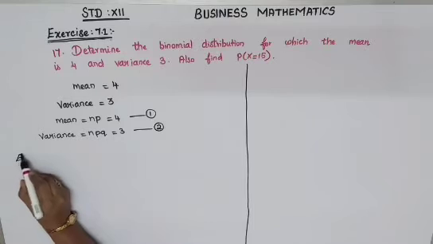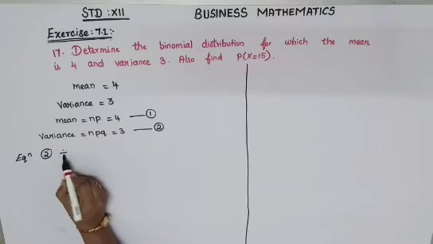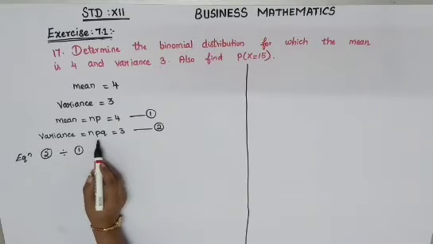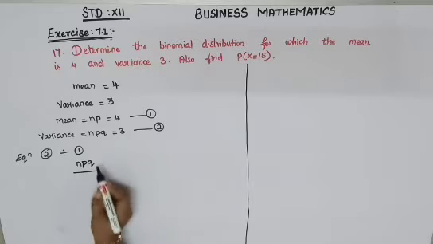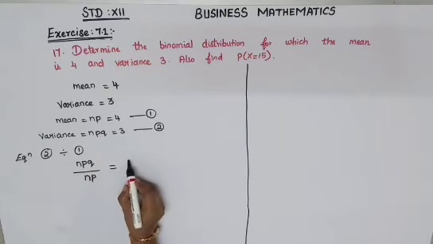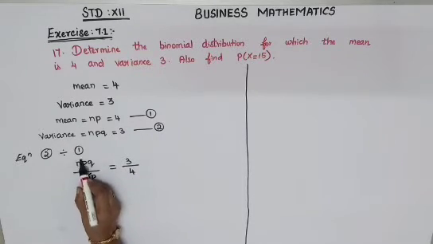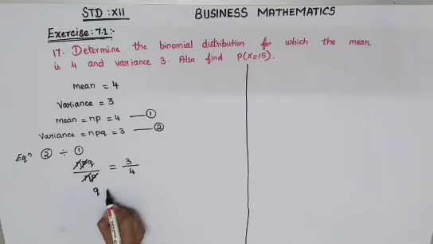Now equation 2 divided by 1. So this NPQ divided by this NP is equal to this 3 divided by this 4. So you can cancel your N and N, P and P, so you get Q. Q is equal to 3 by 4.